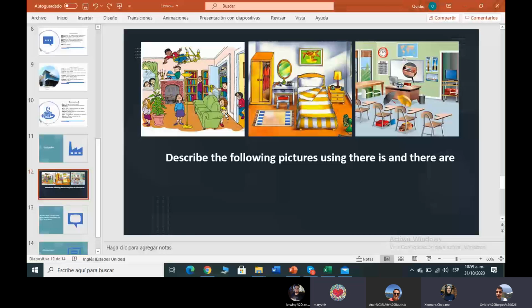Come on, Xiomara, come on. Very good, Xiomara. In the second picture is a cover. There is a bed, there is a rug, there is a board rope. They are 2 drawers. There is a chair.